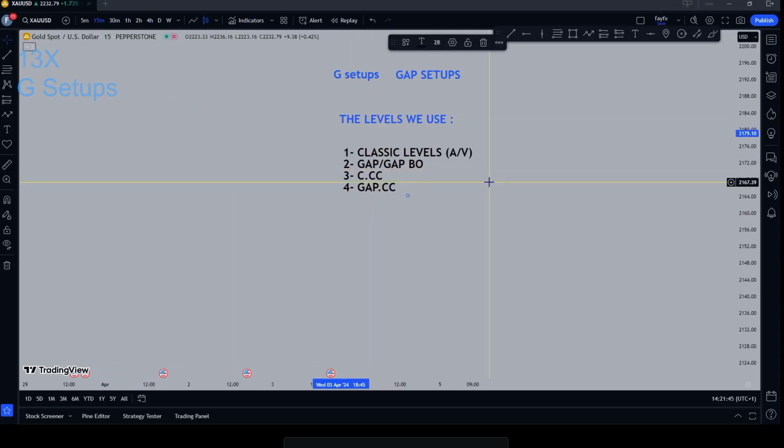We have classic levels, either A or B. We have gap levels. We have levels with CC, with confirmation candles. So we have a classic CC and a gap CC.